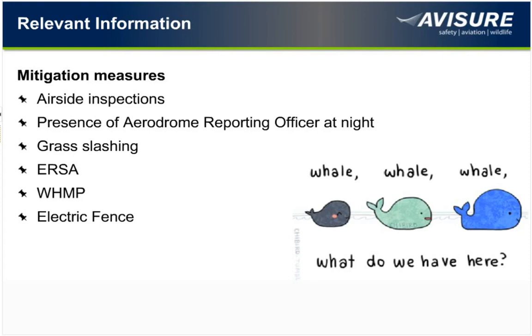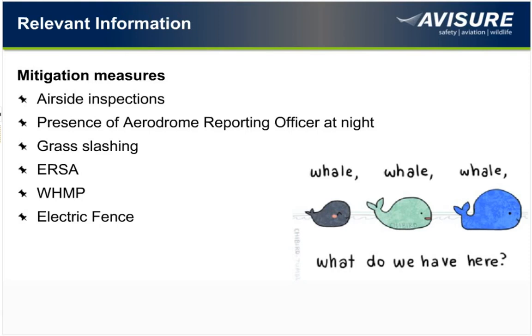So they provided the phone number for the aerodrome reporting officer to go out and conduct that RU run before anybody arrived. They conducted grass slashing. So this is a double-edged sword in that the short grasses were attractive for foraging opportunities for the RUs, but the idea there was to slash it down to short grass in order to be able to see the RUs that were in close proximity to the runway.